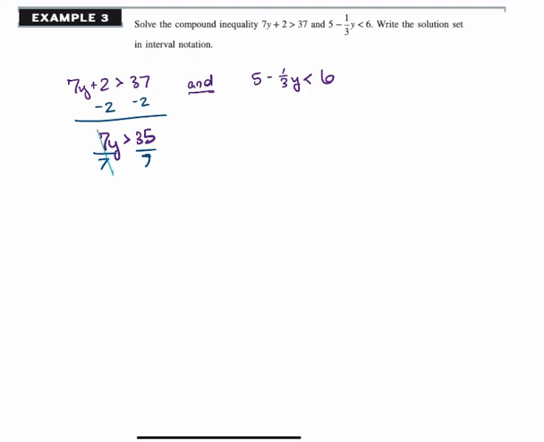So I'll get y on the left side is greater than, and then 35 divided by 7 is positive 5. So this would be everything strictly greater than positive 5. So this time we would not include the 5, so I'll use parentheses and everything greater than that.